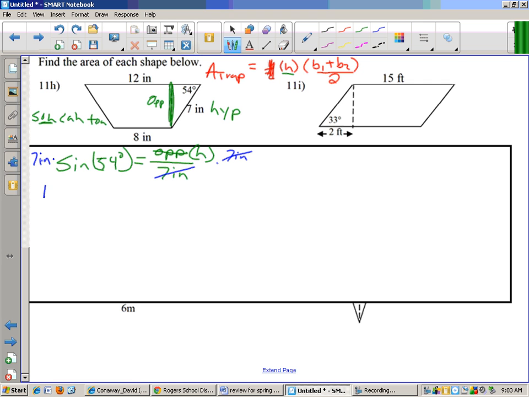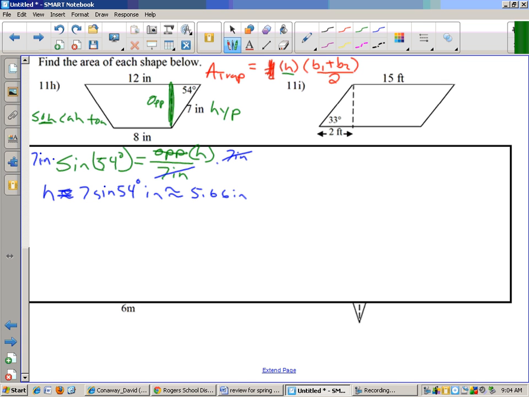And so h is going to be approximately 7 sine 54. What's that going to be? What'd you say it was? 5.66 inches. Okay, that sounds about right.